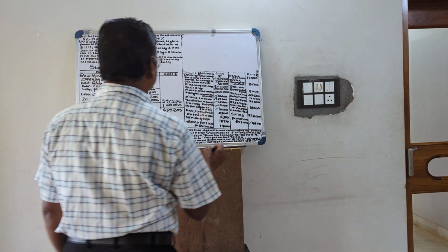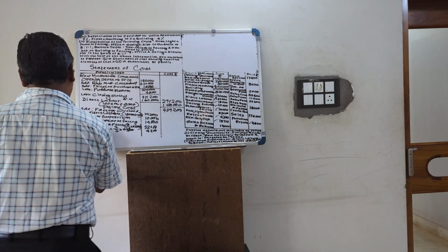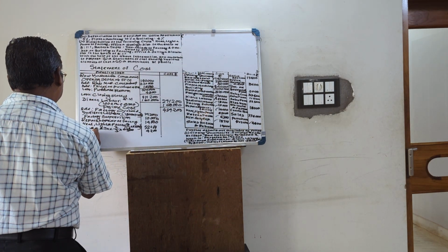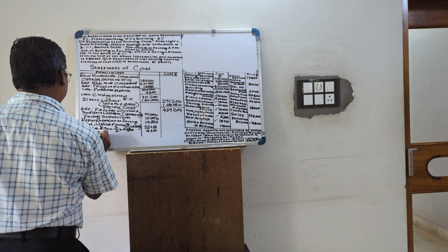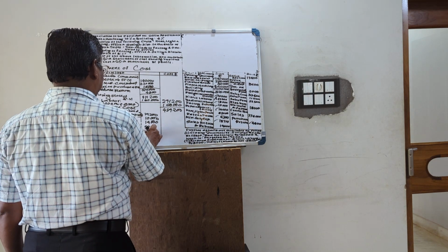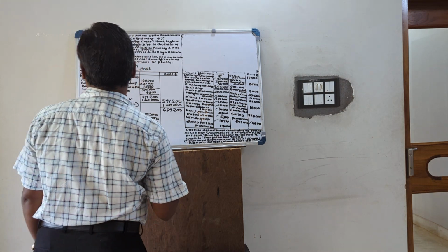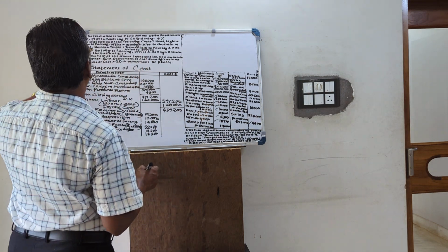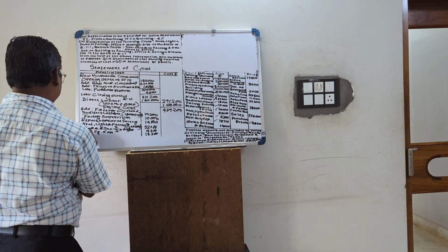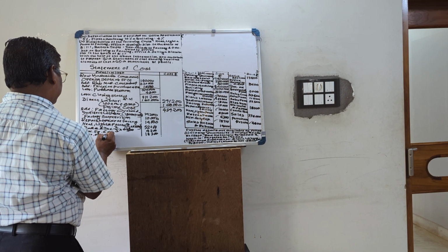Then miscellaneous factory expenses, the amount is 18,700. Then depreciation on plant and machinery.